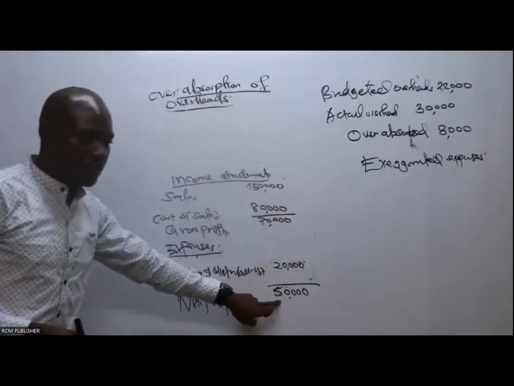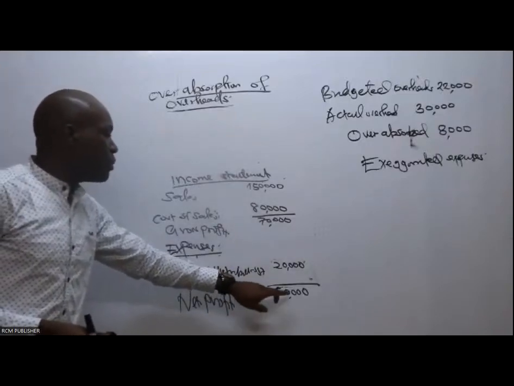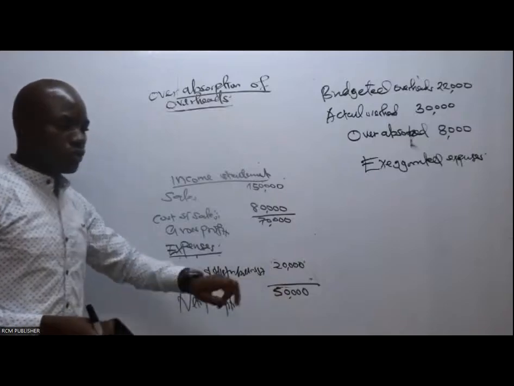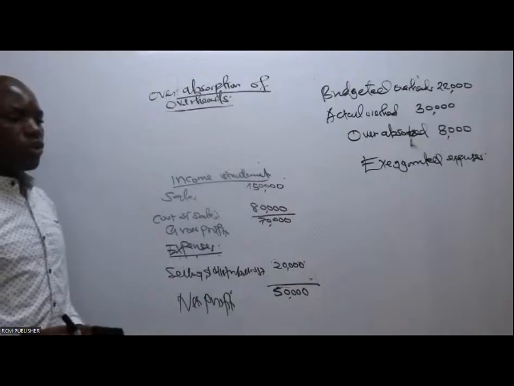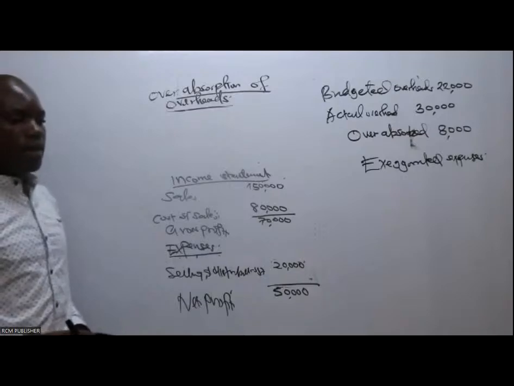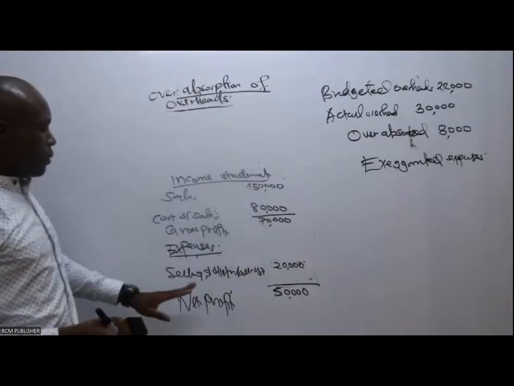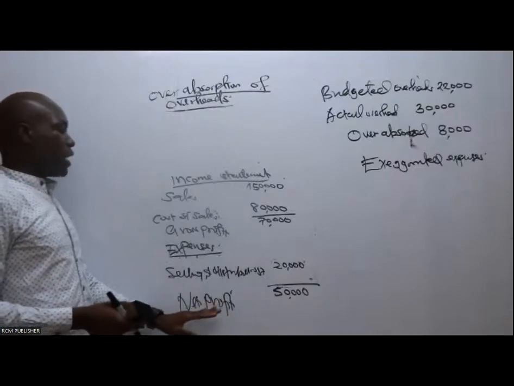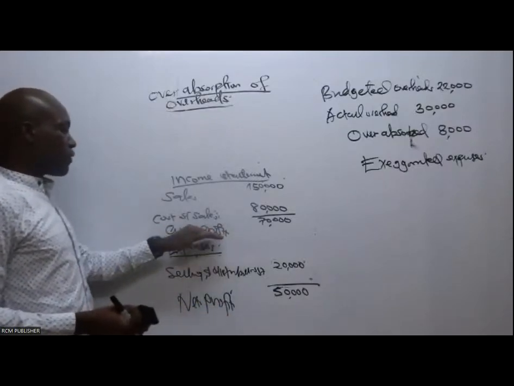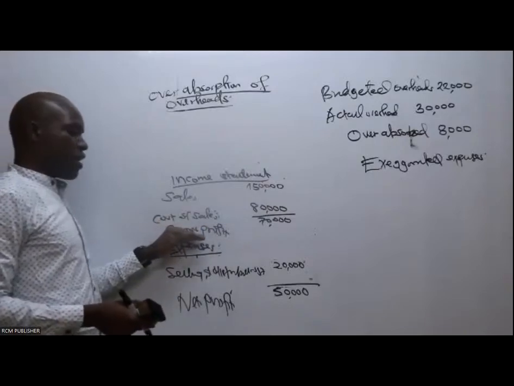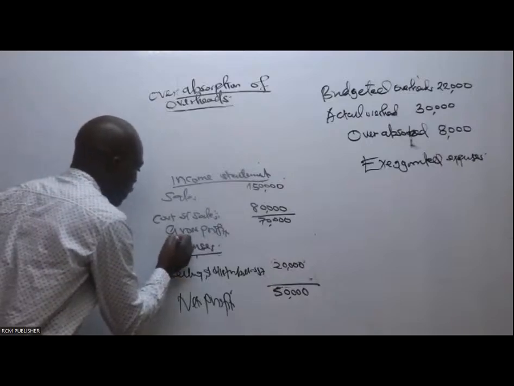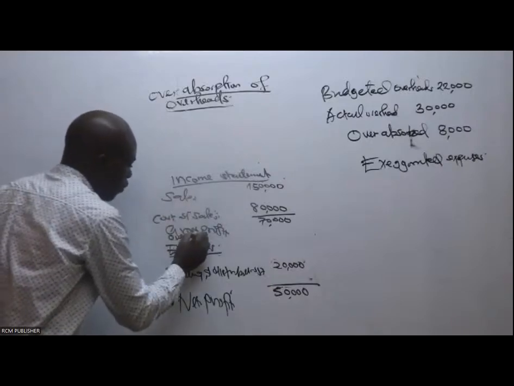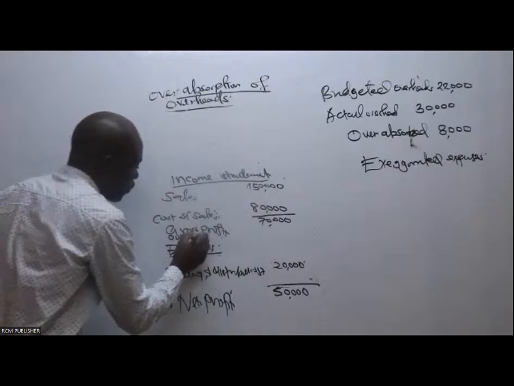It should be more than this. So for me to make it be more than this, what am I going to do? Yes, somebody, add back to net profit. I'm going to add it back to my net profit. Maybe under gross profit here, I will indicate other income, or I just indicate here after gross profit, over stated or over absorbed.